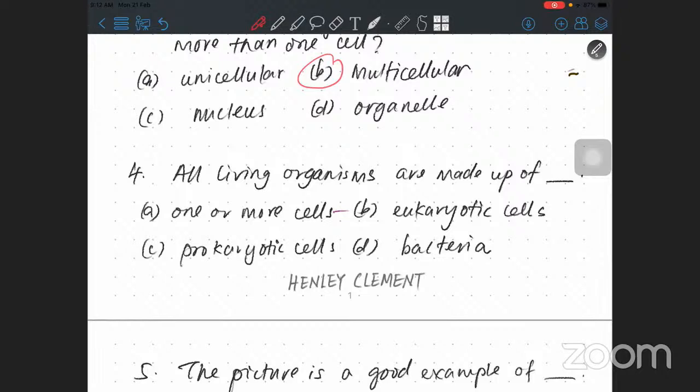Are all living organisms made up of eukaryotic cells, prokaryotic cells, or bacteria? I don't think you will choose those answers. So our answer may be one or more cells. That means one cell is for unicellular, whereas more is for multicellular.